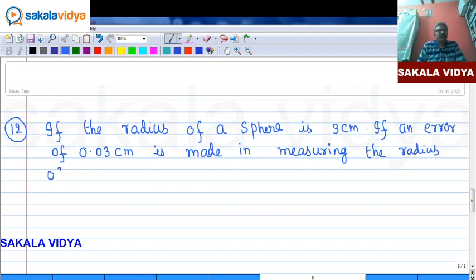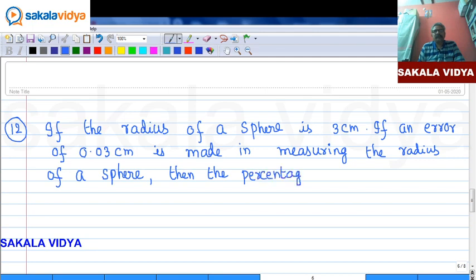Then the percentage error in its surface area.